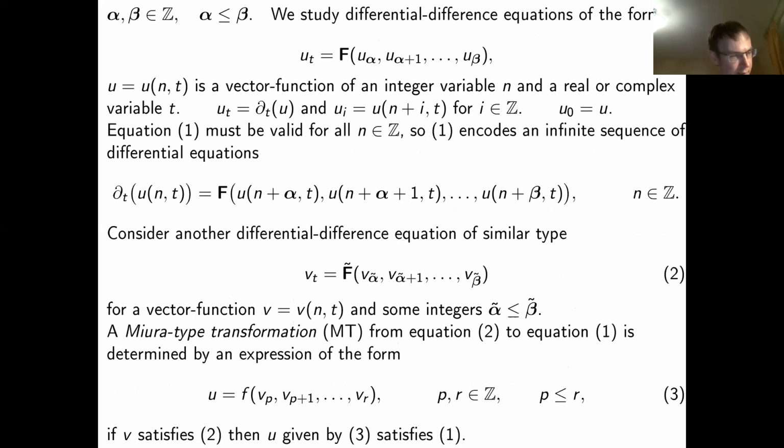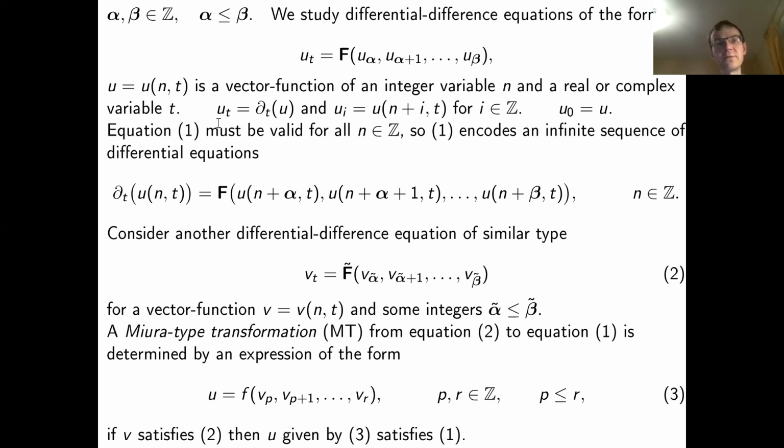Okay, now a few words about the case of differential difference equations. It turns out that some parts of this theory can be translated to the case of differential difference equations. We study differential difference equations of this form, where u is a vector function of an integer variable n and a real or complex variable t.